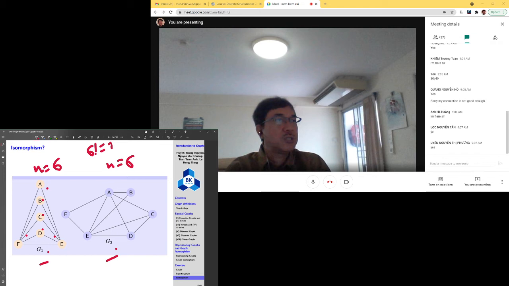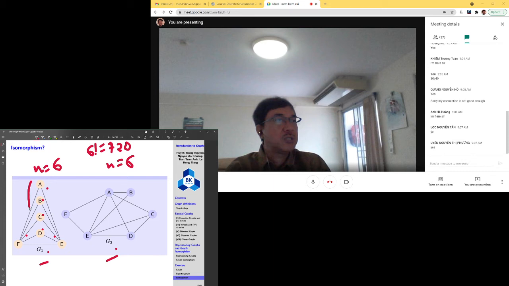That's why I confirmed before that checking isomorphism is not a simple action to do. Okay, let's see A, B, C, D here. The vertical nodes here, all of them have degree 2. Yes, degree 2.